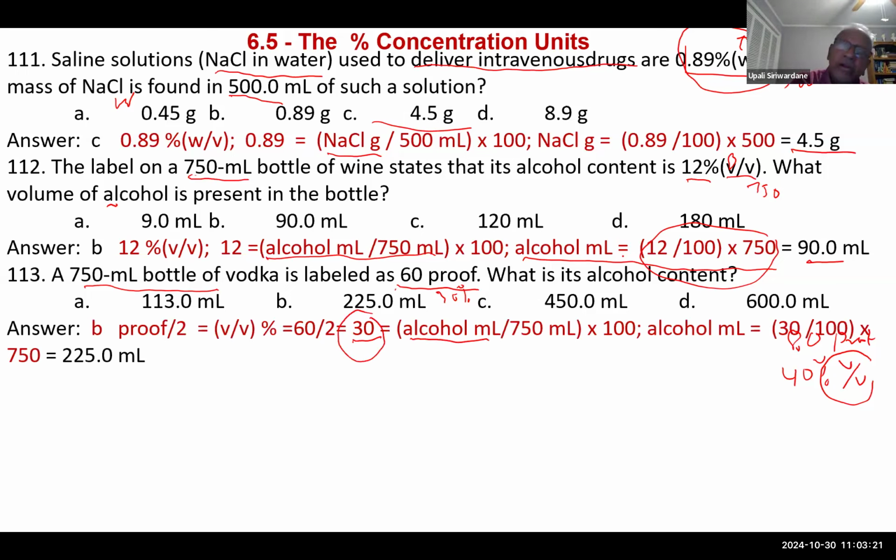That's the alcohol we need to get, the milliliters of alcohol. 750 is the total. So when you do the calculation, you get 225.